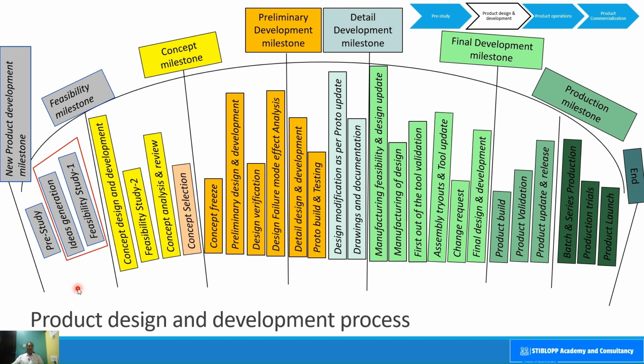The gray color shows that the maturity of the product is very, very minimal, followed by the yellow color, followed by the gold color, light green, and finally the dark green, where the product is ready to get launched in the market. The output of the feasibility study is the feasibility report, which goes as a deliverable to the next phase.